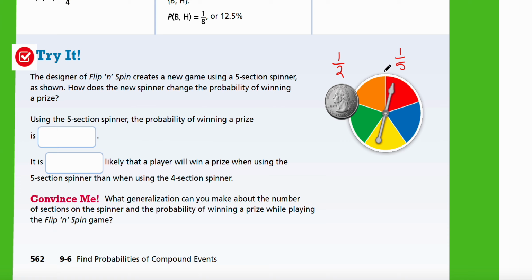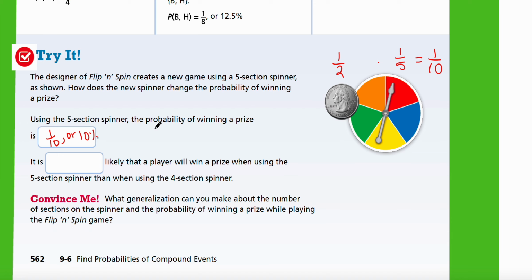So altogether, you can multiply these fractions and get 1/10 as a total possibility, because you need a head and you need a blue, a specific color and a coin side, out of 10 possible different combinations. So the probability of winning a prize for a 5-section spinner and a coin would be 1 over 10, or 10%.